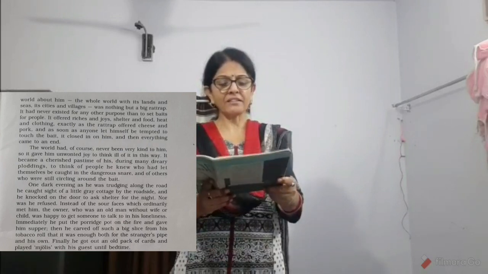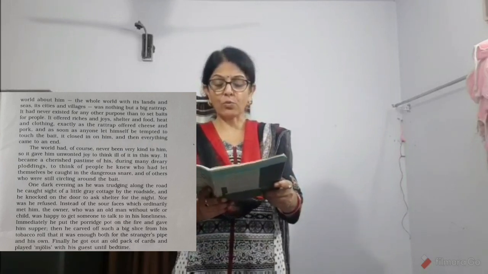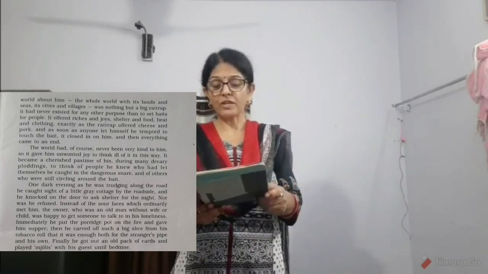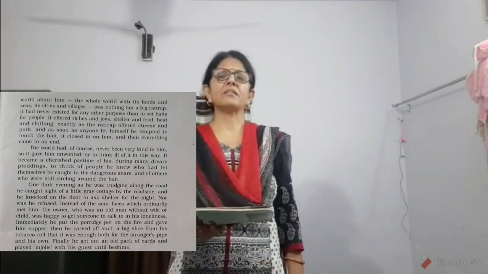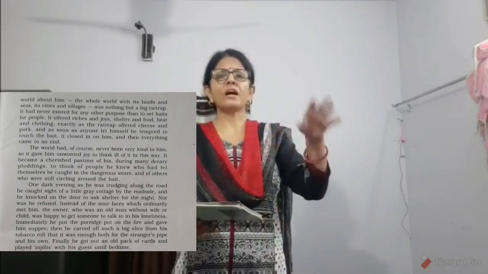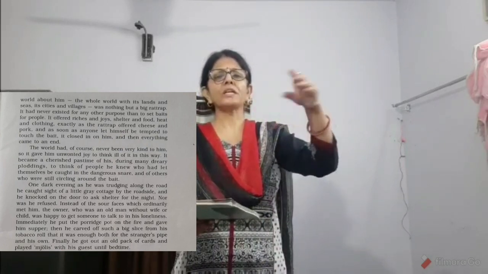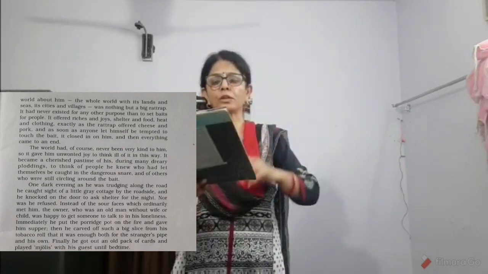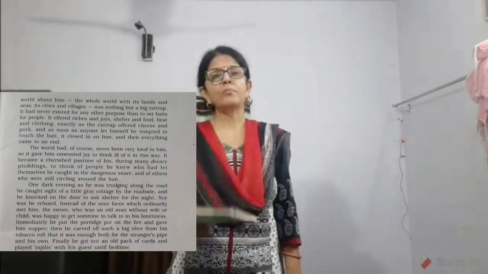One dark evening, as he was trudging along the road, he caught sight of a little grey cottage by the roadside. One dark evening, in the same way as usual, he was plodding on the road. Trudge, T-R-U-D-G-E, means plod, and plod means to walk heavily and slowly.